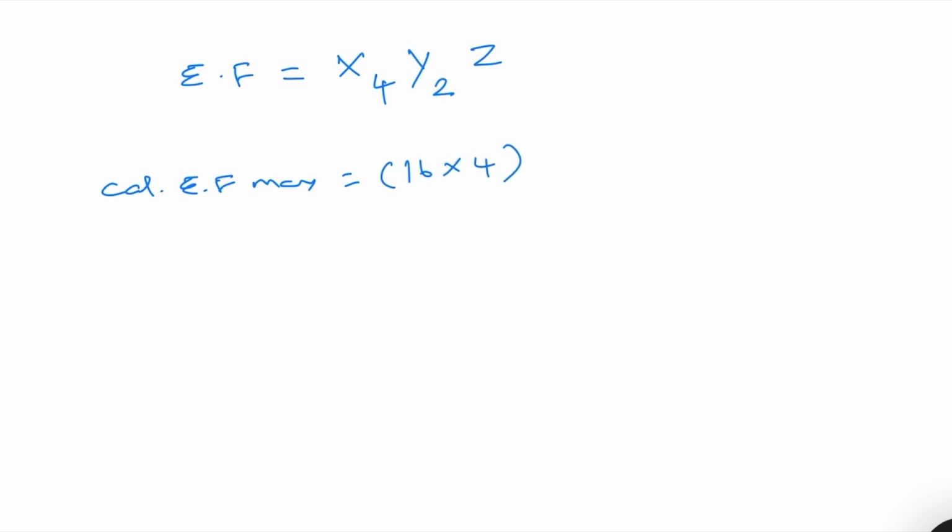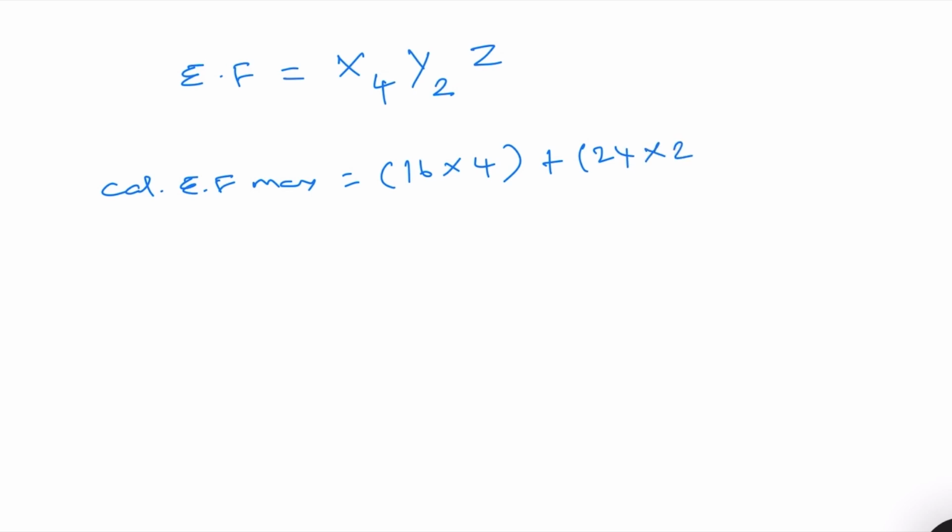Therefore, the empirical formula is equal to X 4 times, Y 2 times and Z only 1 time, isn't it?